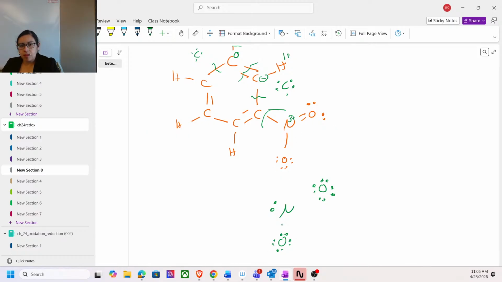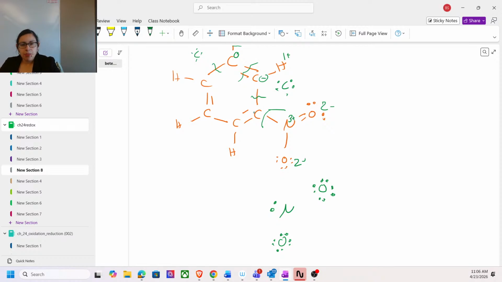They end up being the same: 6 minus 8 on both of them. So did we get negative 2 for both of those oxygens? That does match what we expect for oxygen's typical oxidation state.